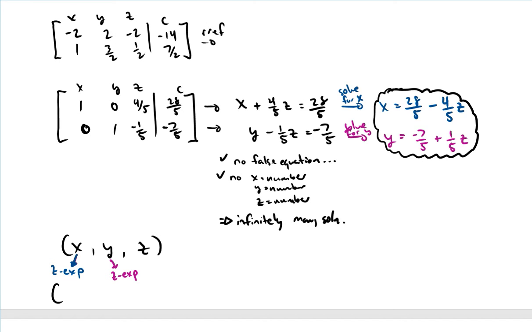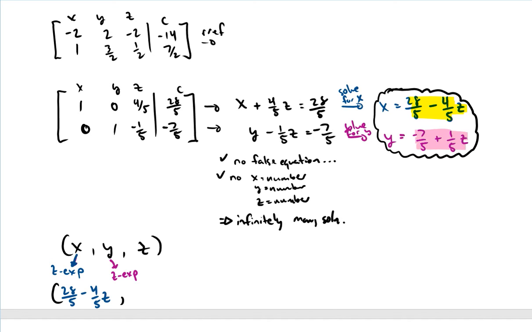So rewriting these, x is right here as a z expression. So 28/5 minus 4/5 z, and then comma. The y is over there ready to go as a z expression.